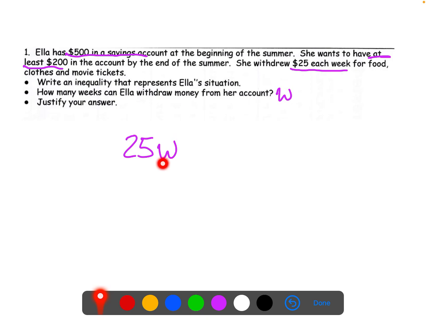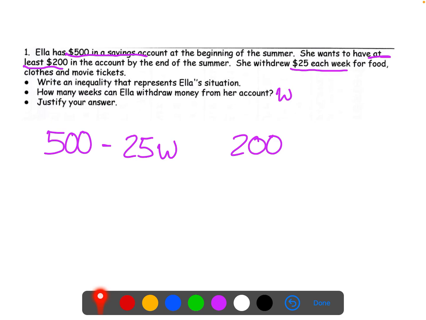Now she's taking money out, she's withdrawing money, so it's coming out of her account, and it's going to be removing some of that $500 that's sitting there in her account. So we're going to subtract it. We're going to compare it to what she needs to keep in her account, which is 200.